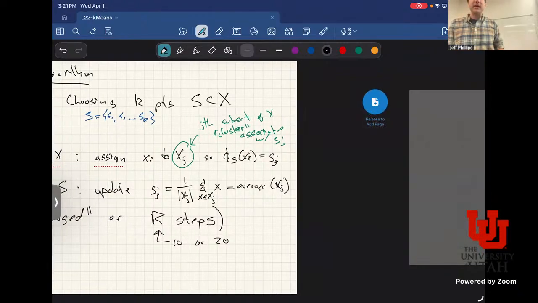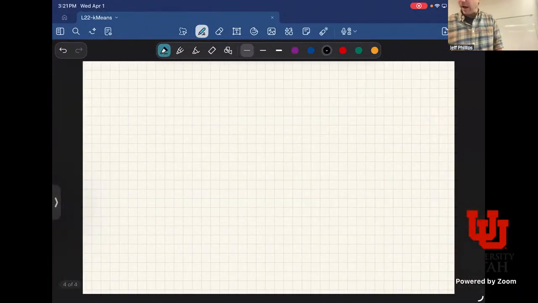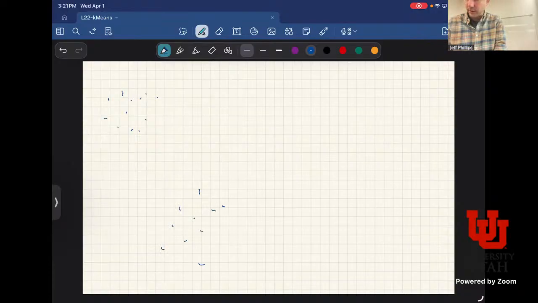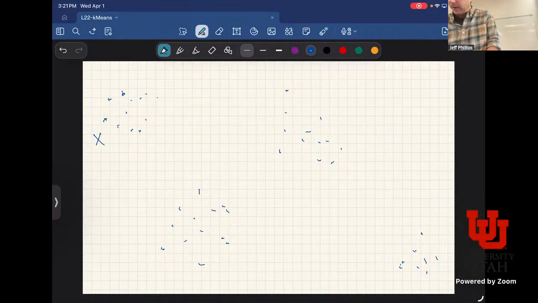All right, let me try and go through an example of how running this algorithm would work by showing a geometric example of what the data might look like. Okay, so let's say this is the data X we're given as the input. Then we're going to start with our guess of the sites, and we're going to run this with k equals 4.